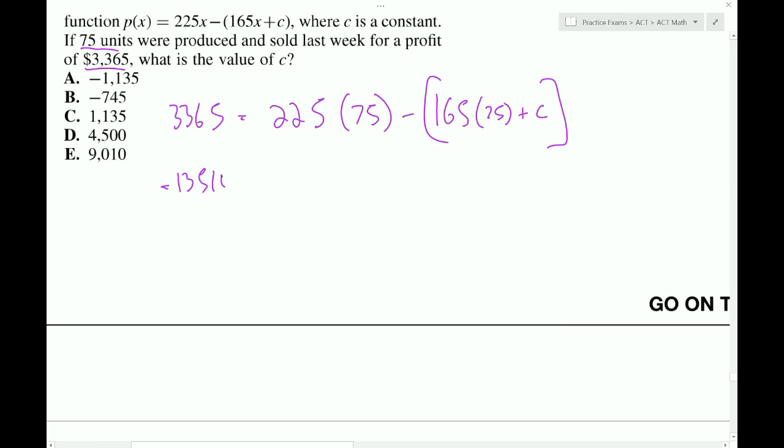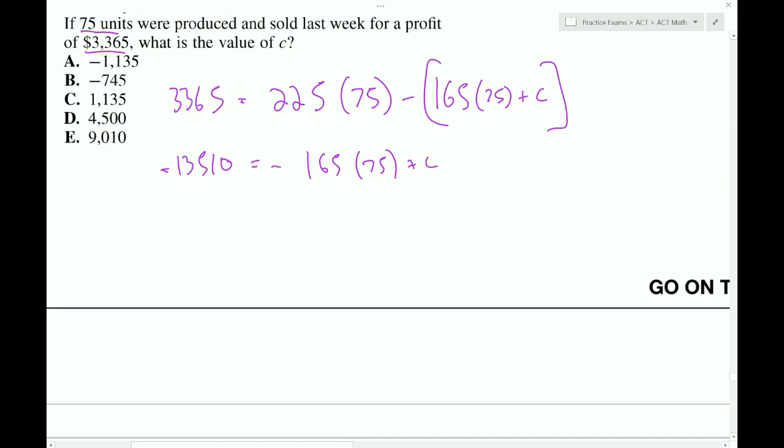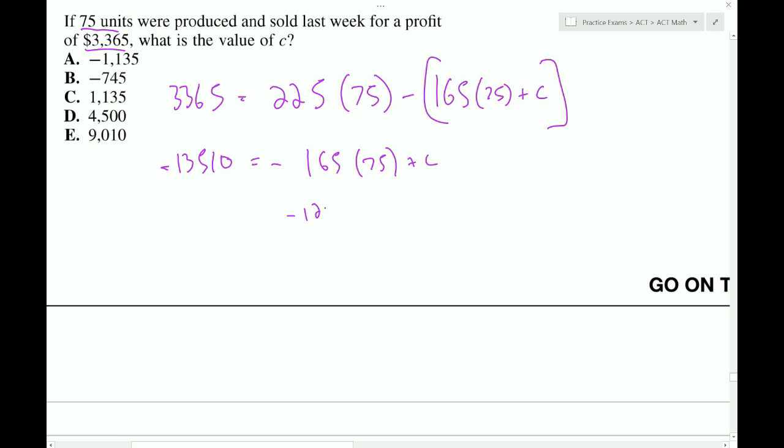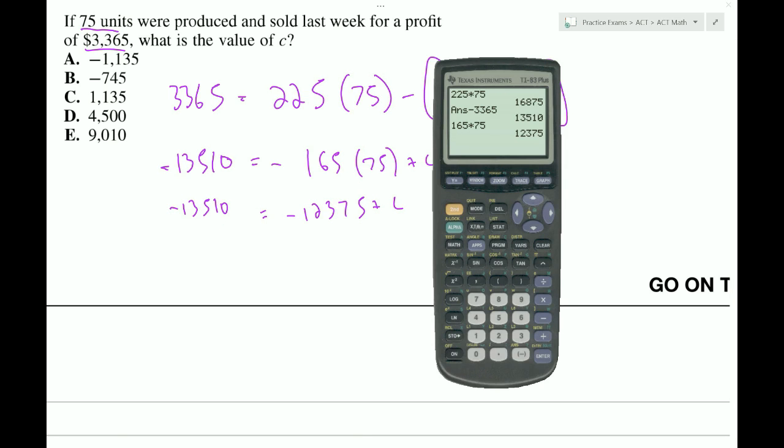Negative 13,510 equals negative of this, 165 times 75 plus C. Alright, so we do the 165 times 75, and that gives us a value of 12,375. Okay. And then we could add that to the other side.